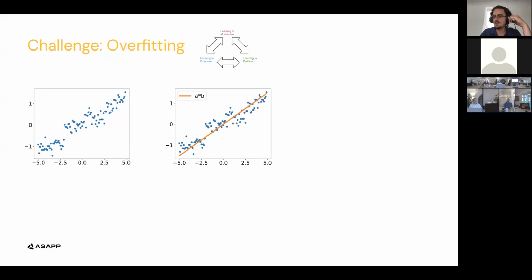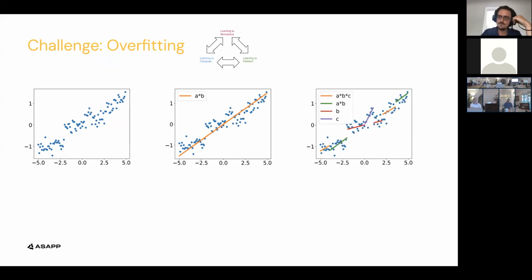This, again, is our desired example. But what can very easily happen is that your composer starts overfitting. Because your composer has the ability to form combinatorially many approximators, it might just as well end up doing so, thereby finding a separate approximator for each individual subsection of your data, vastly overfitting.